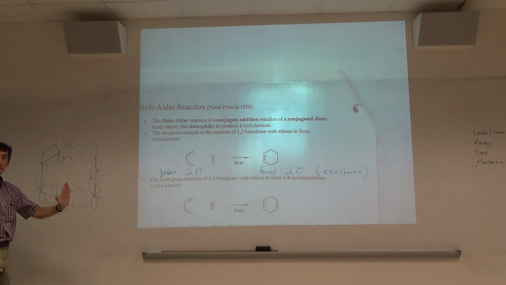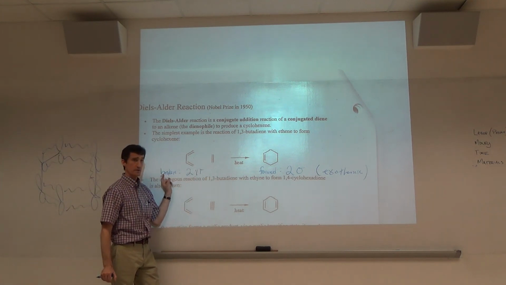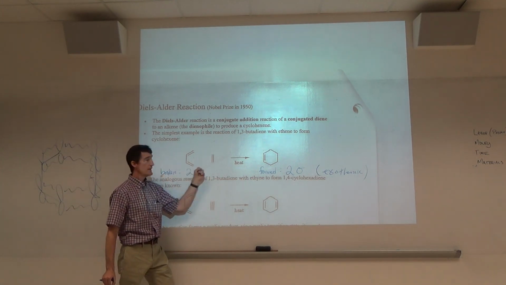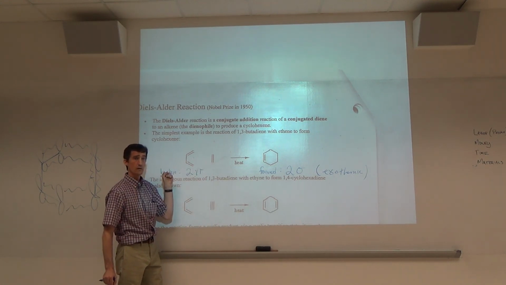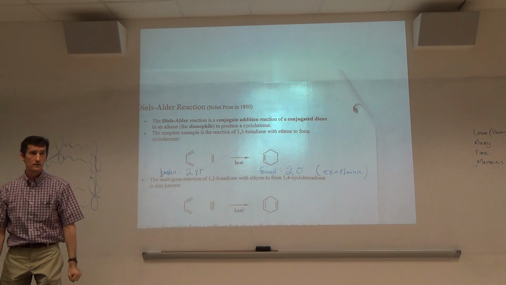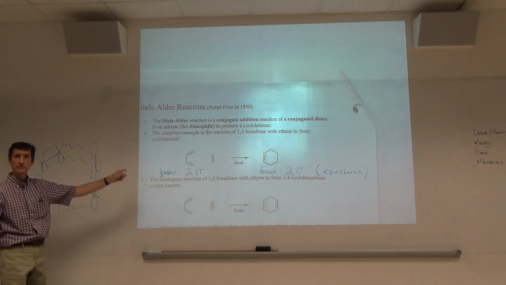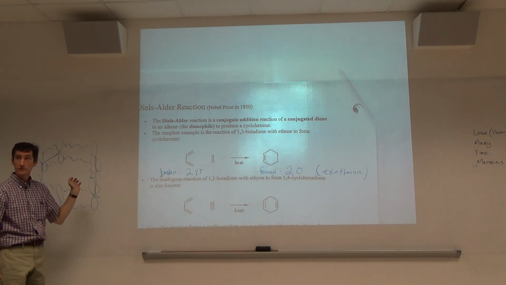Entropy is not favored. If you heat, you're going to magnify that term. If you get too high, it starts favoring entropy. Which side is entropy favored? The reactants. Yeah, if you heat this, it's going to go backwards. Don't you need some heat for the reaction to happen? You need enough heat to get over the transition state. If you heat that reaction, which side's going to be favored?